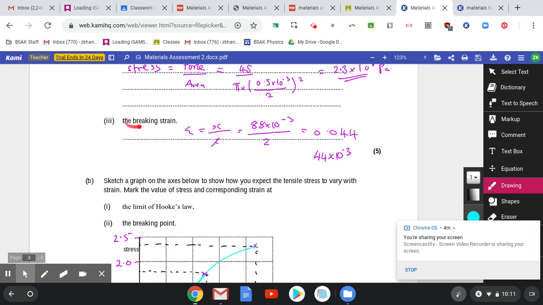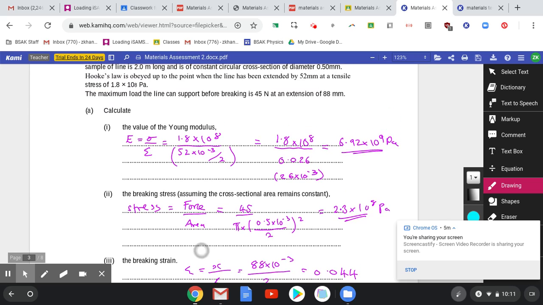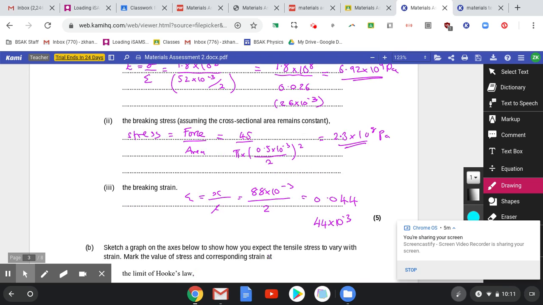Breaking strain, again, this is the strain associated to the breaking point. So what is the extension of the material just before it breaks? Well, they give you that there. That's just before it breaks, 88 millimeters. Put into meters and then divided by the original length, and that is the breaking strain. So I can write it in this as well.